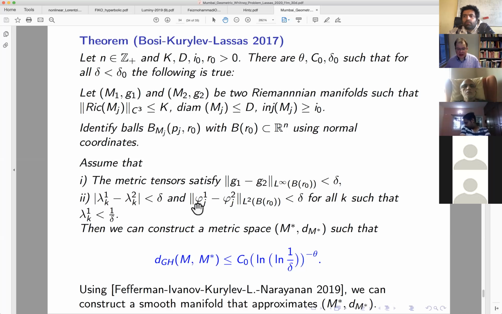But you could ask, does this make sense? Is this condition stable? And to make this stable in small perturbations, you actually have to consider also the case that if you have eigenvalues that are very close to each other, then you take all eigenfunctions in the span of the two eigenspaces, and then you can mix information there, because in practice you cannot separate eigenfunctions where the eigenvalues are extremely close to each other.